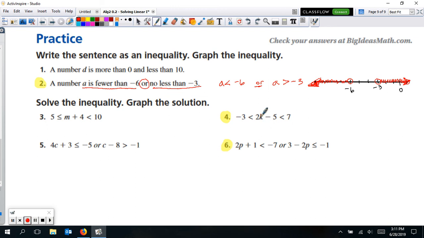So you see, here's your k, the variable that you're trying to solve for. 2k minus 5. Well, the minus 5 needs to be taken away from this. So we're going to know we're going to have to be adding 5. So I'm going to add 5, in fact, to the left and to the right of our inequality symbols. So I'm going to add 5 to our 3 here, and I'm also going to add 5 to the 7.